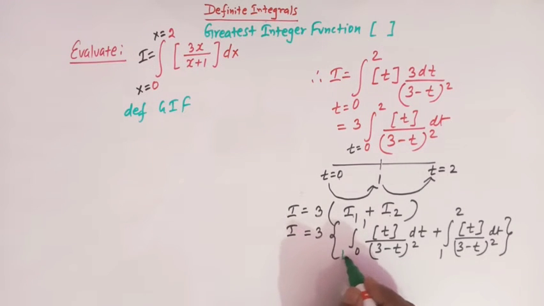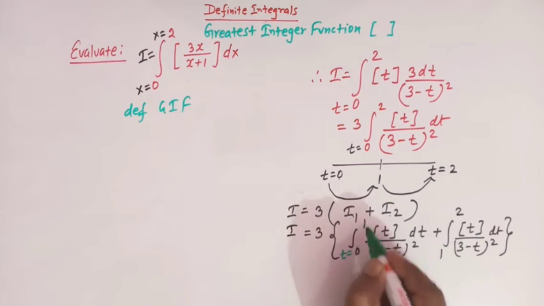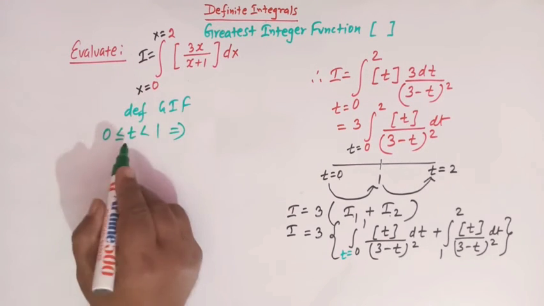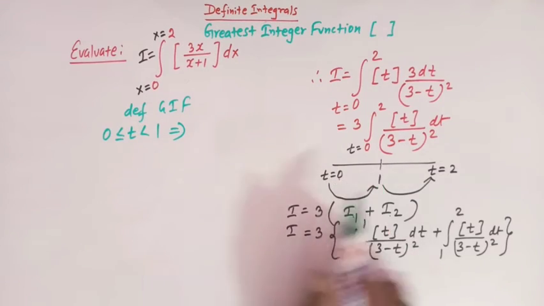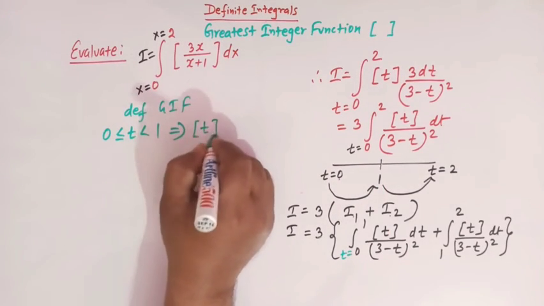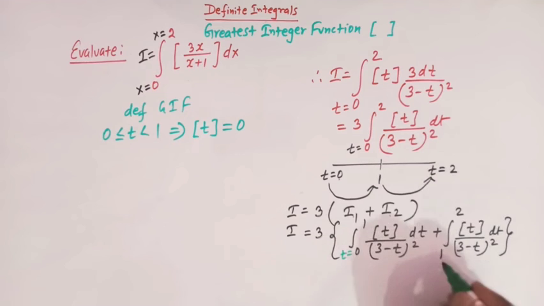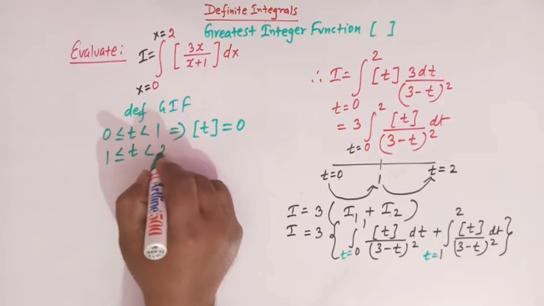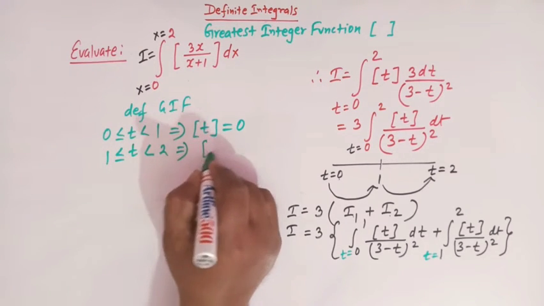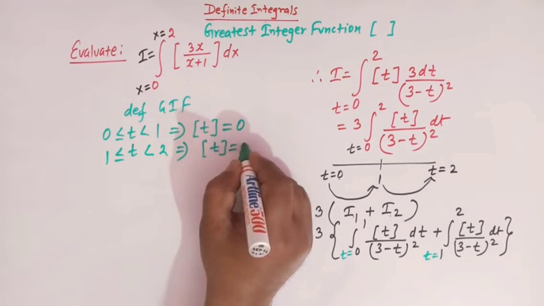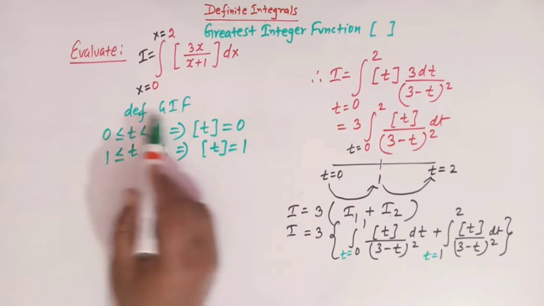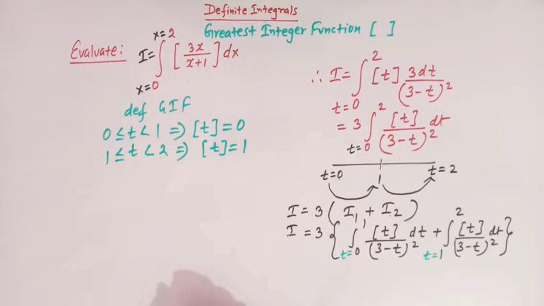When t varies from 0 to 1, that is, when t lies between 0 and 1, then the value of greatest integer t is 0, and when t varies from 1 to 2, then the value of greatest integer t is equal to 1, right? So here we have used the definition of the greatest integer function.